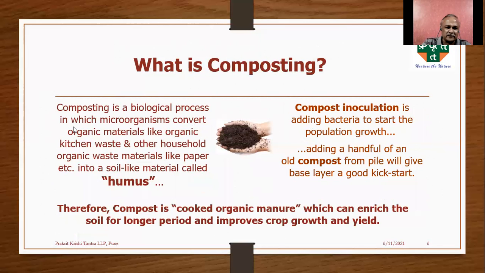So what is composting? Further, let us understand about the humus. Composting is a biological process in which microorganisms convert organic materials like organic kitchen waste and other household organic waste materials like paper, etc., into a soil-like material called humus.